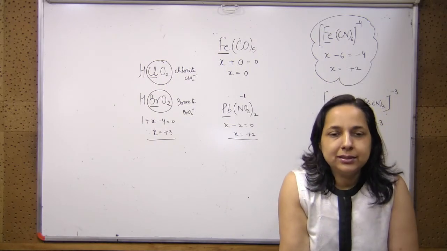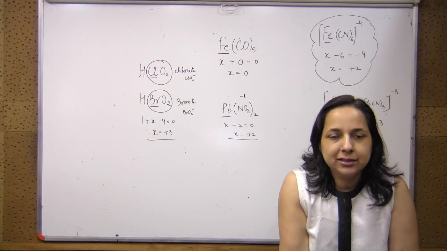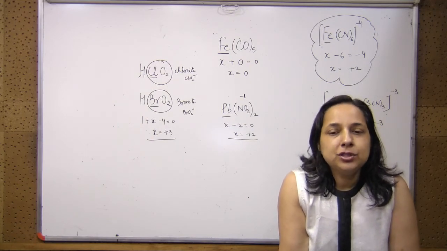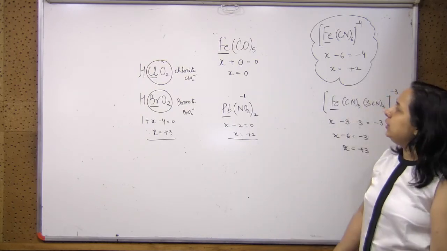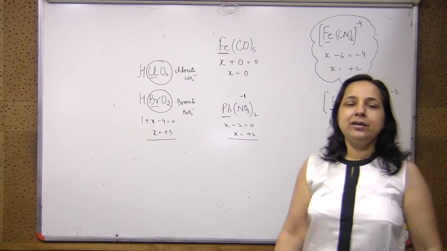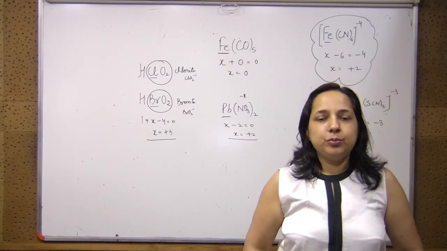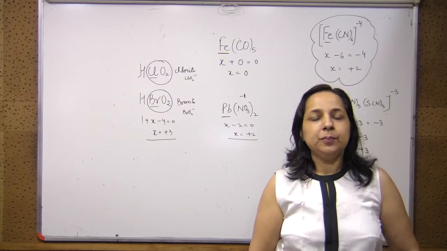Some rules are there, some fixed oxidation states are there. If those things are learned by us, then we can calculate the oxidation number of any of the species. Those rules, let's recap. We are having group 1, group 2. Group 1 always plus 1, group 2 always plus 2.